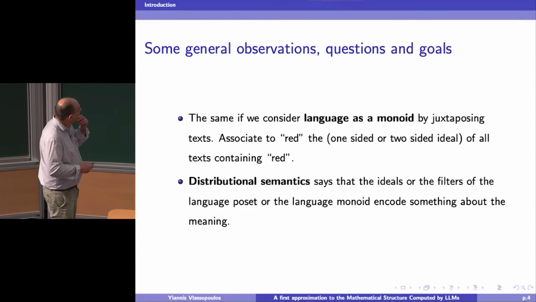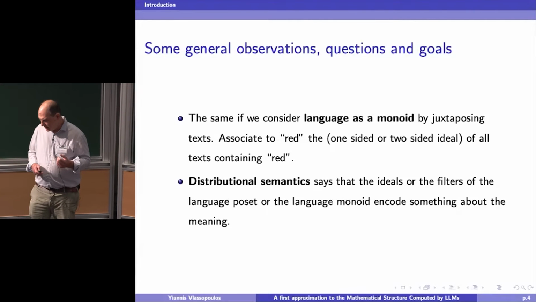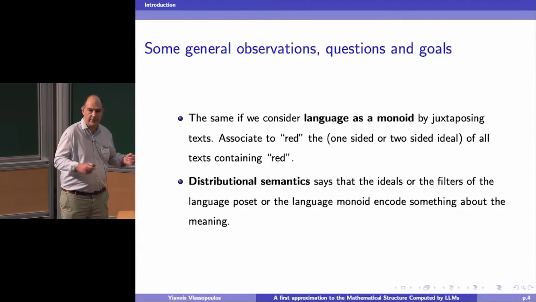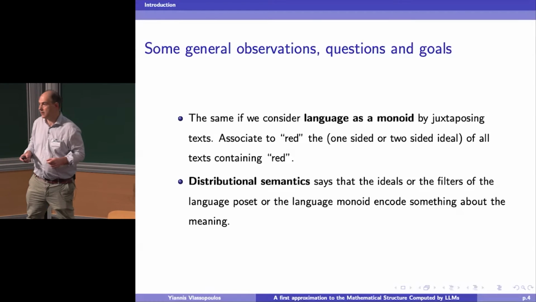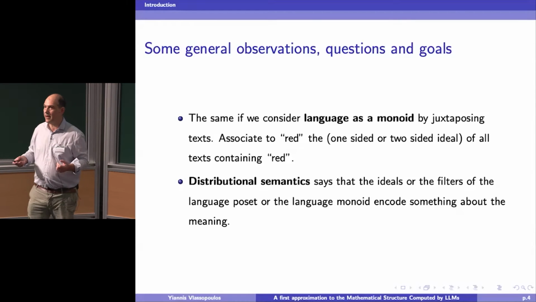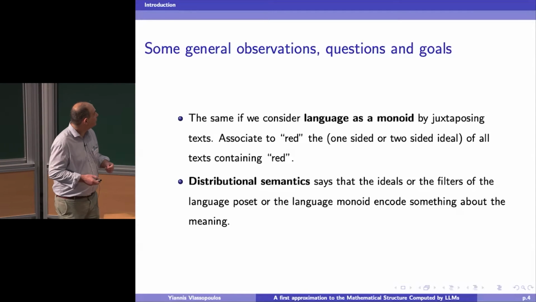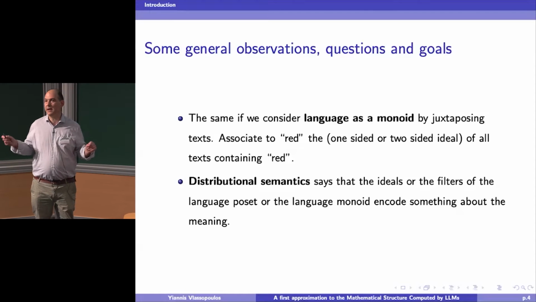Usually people don't consider language as a poset. Most often people consider it as a monoid. You take two texts and put them together to create a new one. If this new one is correct, then you accept it in the language. If it's not correct, you put 0. But going from the monoid to the poset is a very easy task.